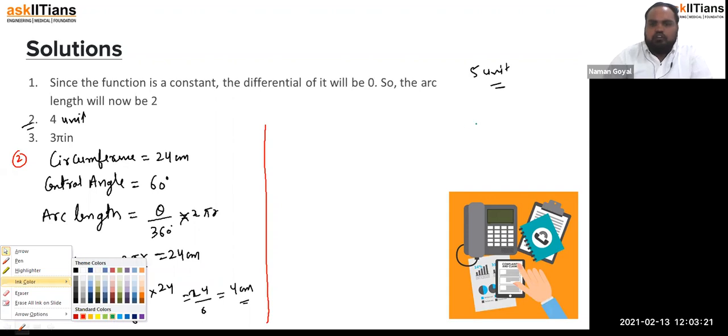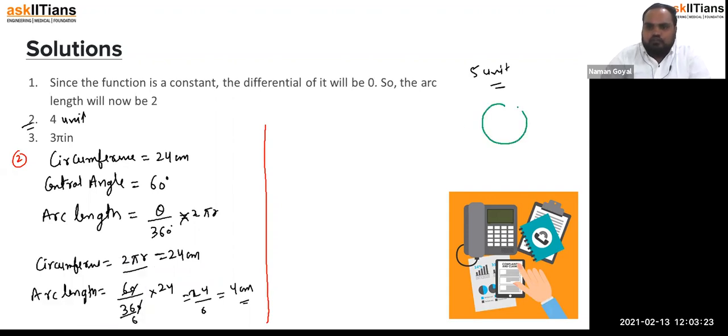Now if there is a circle and there is a center, and if I want to find the area of this sector, and this angle we have is theta. For arc length, see, arc length is in respect of what? Circumference, and area of sector is in respect of what? Area of that circle, isn't it?